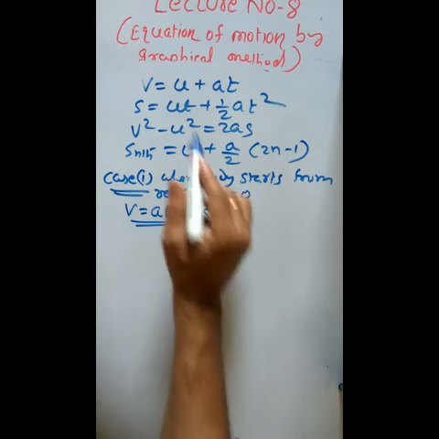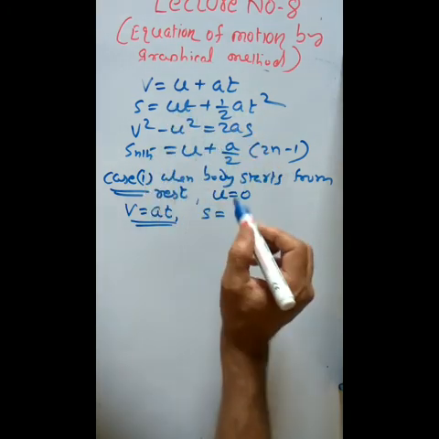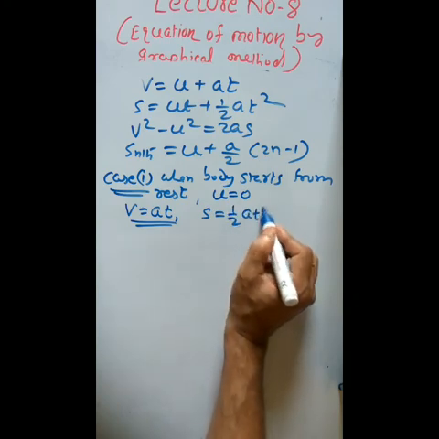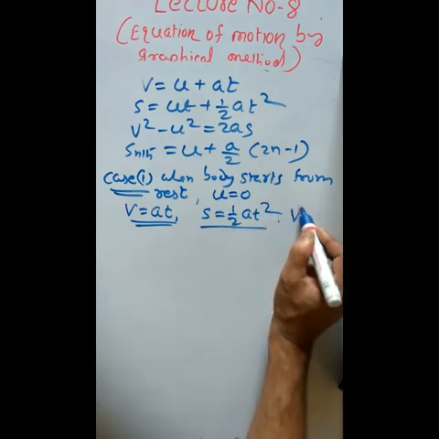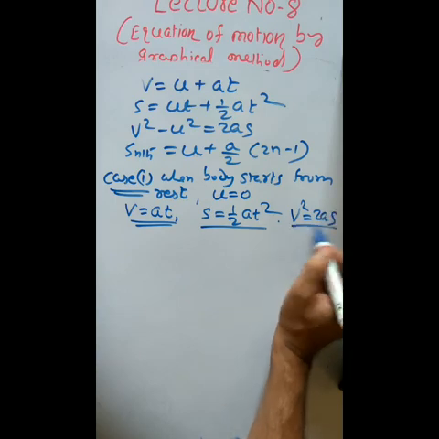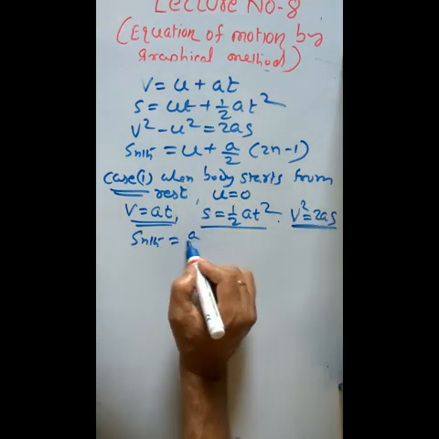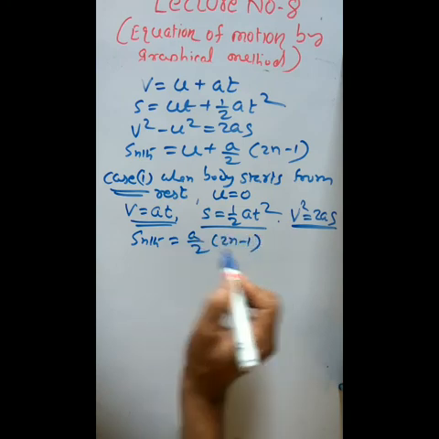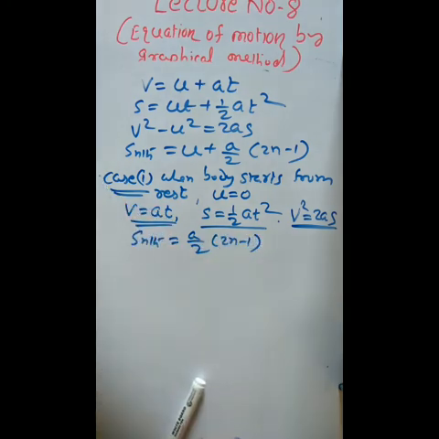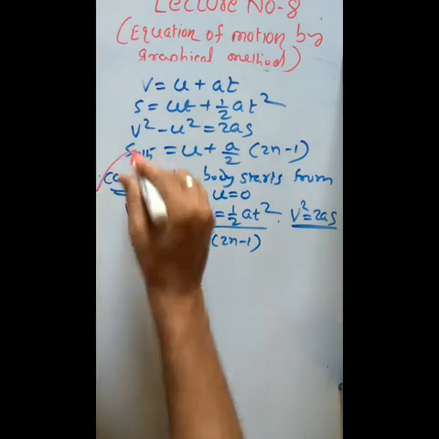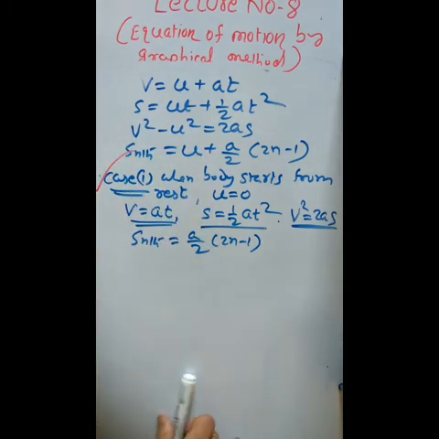Second equation of motion, S is equal to half AT square. Third equation of motion, V square is equal to 2AS. Snth is equal to A by 2 into 2n minus 1. So this is the case when the body starts from rest, that is, initial velocity is 0.